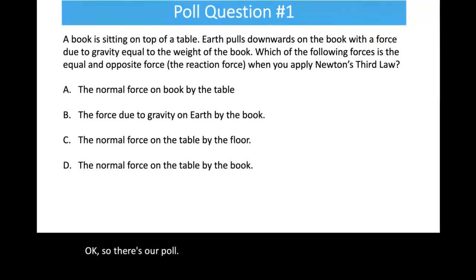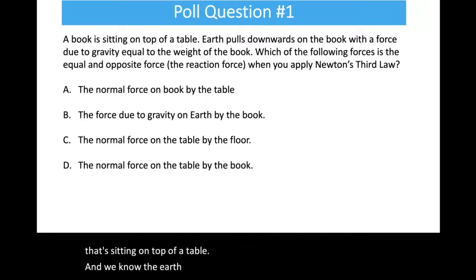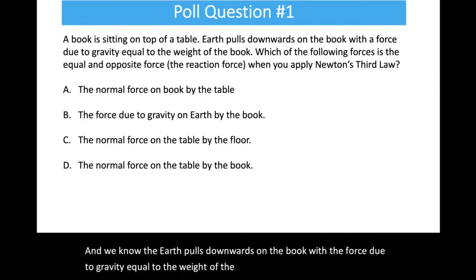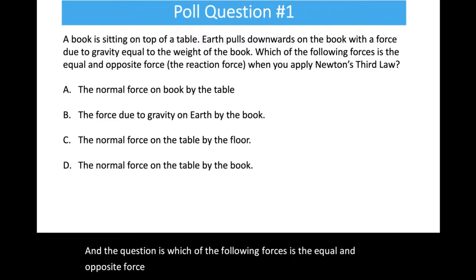All right, so what's our question? You have a book that's sitting on top of a table. And we know the Earth pulls downwards on the book with a force due to gravity equal to the weight of the book. The question is, which of the following forces is the equal and opposite force, the reaction force, when you apply Newton's third law?